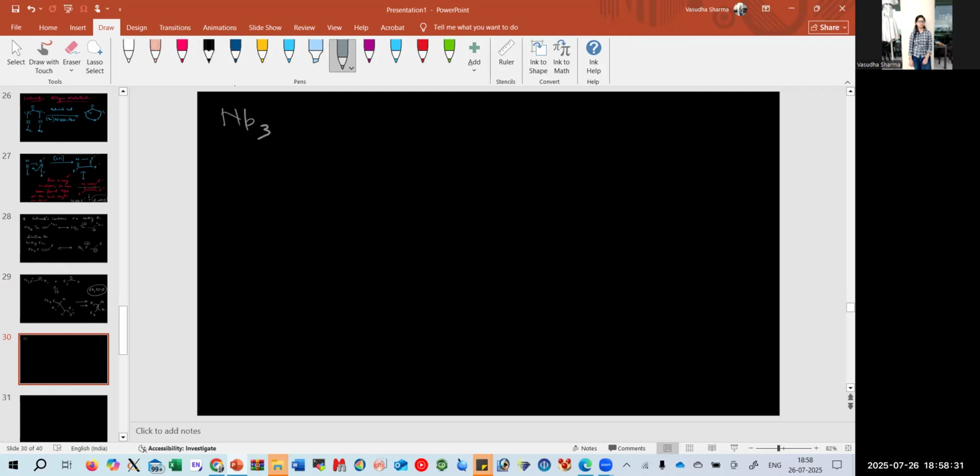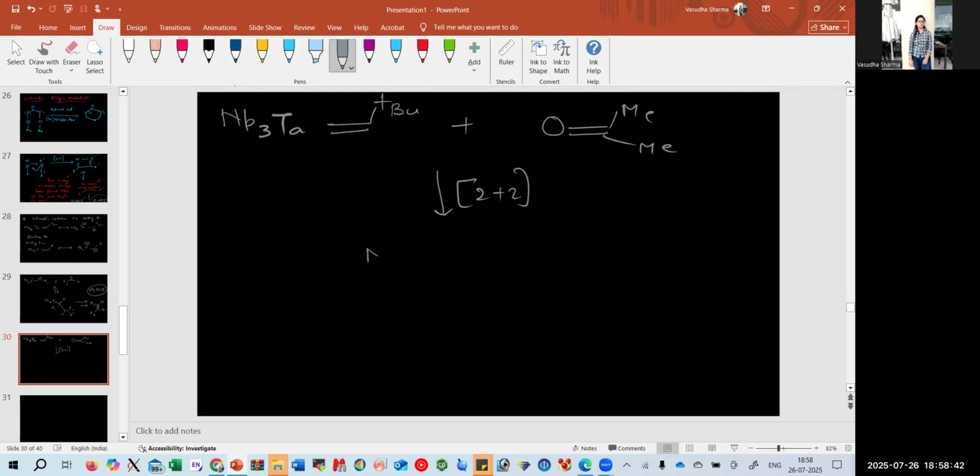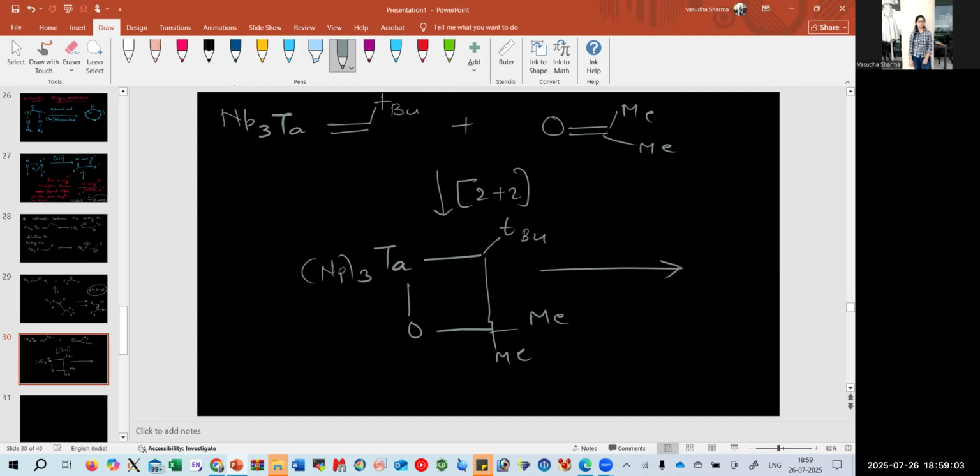So if we have a Schrock carbene here, and now we are treating it with ketones, 2 plus 2 gives tantalum. So this is your tertiary butyl group, methyl and methyl, neopentyl.